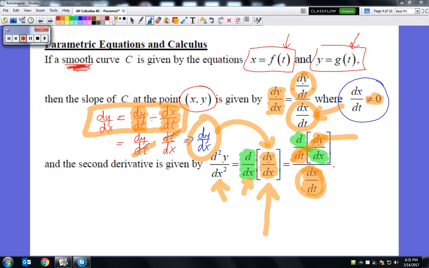And the only bit that's left over is this green stuff that I've highlighted that shows it's just the derivative with respect to x. So basically you're going to take the derivative of the resulting thing with respect to x. And you'll see what that looks like on the next couple of slides.